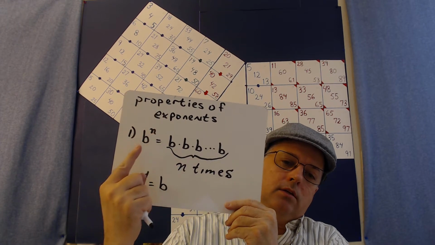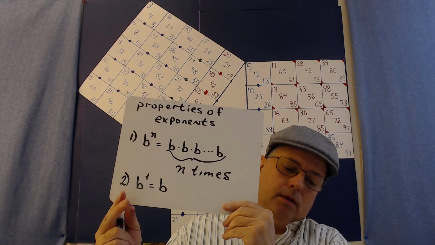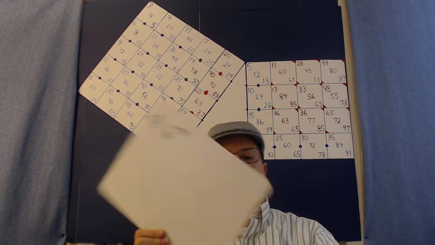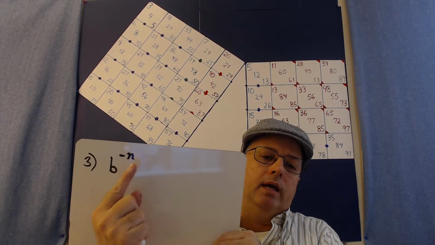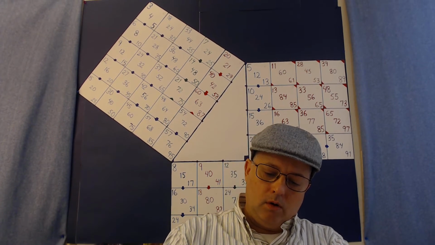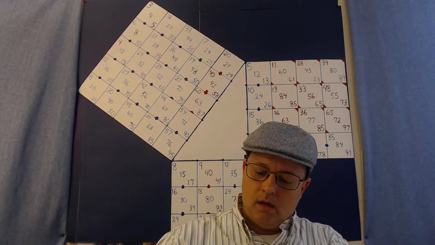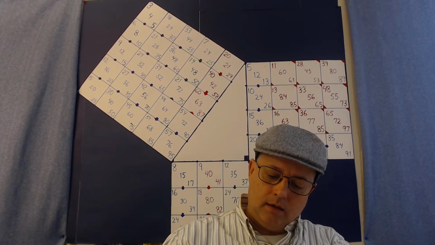The opposite of n is telling us to take b and divide it that many times. And so we get 1 over b times 1 over b times 1 over b times 1 over b, n times.